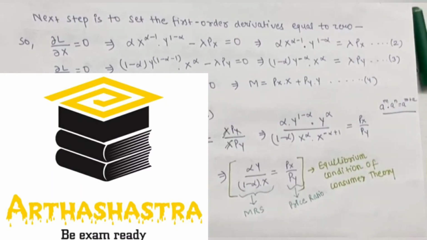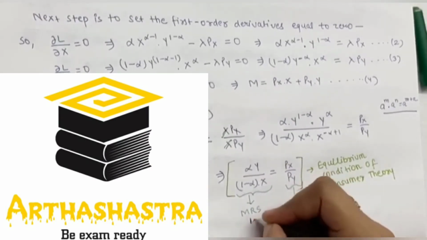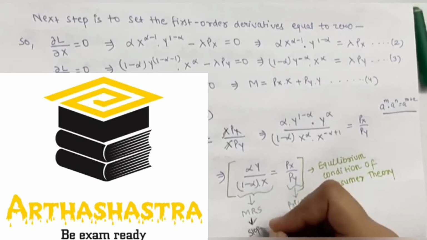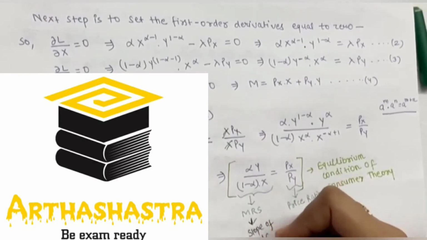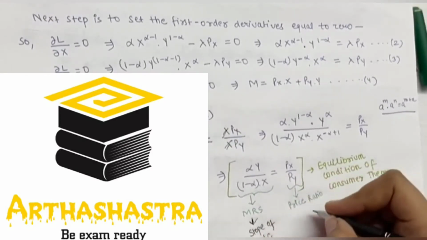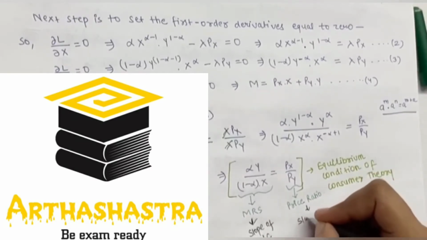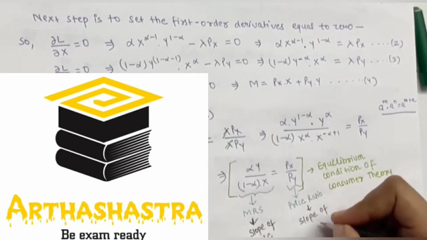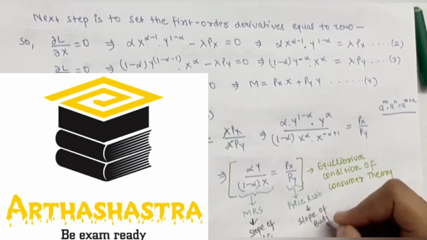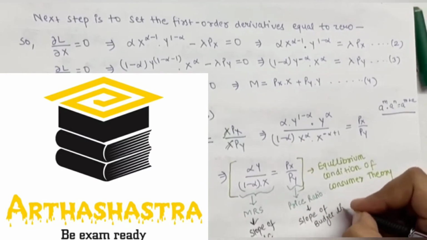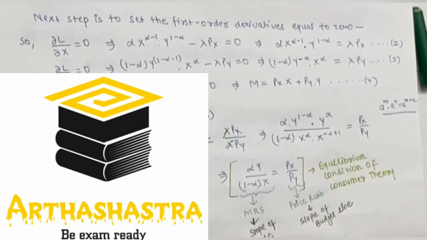In turn, what is this? This is the slope of the indifference curve, and this is the slope of the budget line. So you need not mention this in the numerical. It's for your understanding. I have explained it.